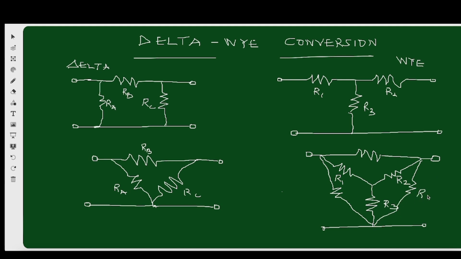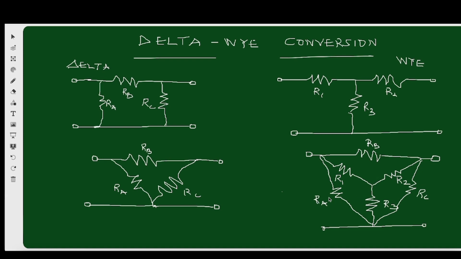This is RC, this is RA, and this is RB. So to get RA, of course, the numerator is R1 multiplied by R2, R1 multiplied by R3, plus R2 multiplied by R3. But the denominator will be R2.